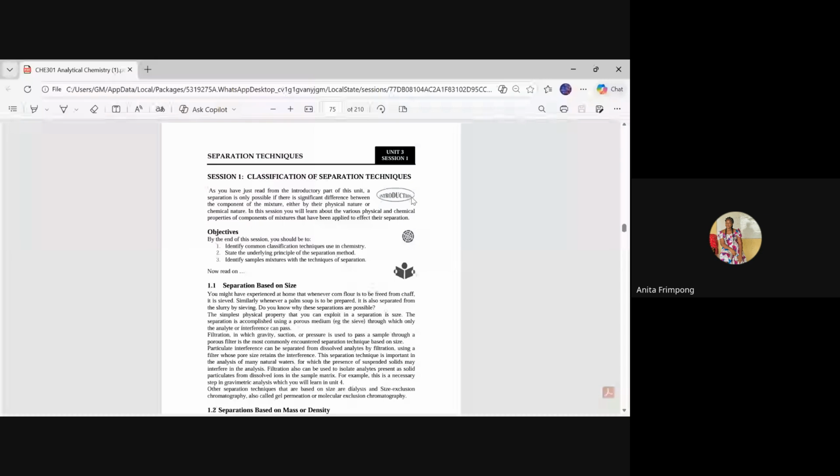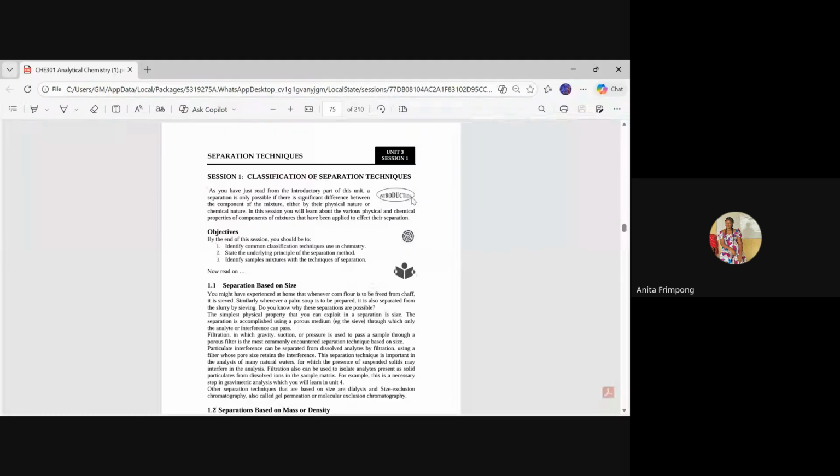Separation based on size. You might have experienced at home that whenever corn flour is to be freed from chaff, it is sieved. Similarly, whenever a palm soup is to be prepared, it is also separated from the slurry by sieving. Do you know why these separations are possible?